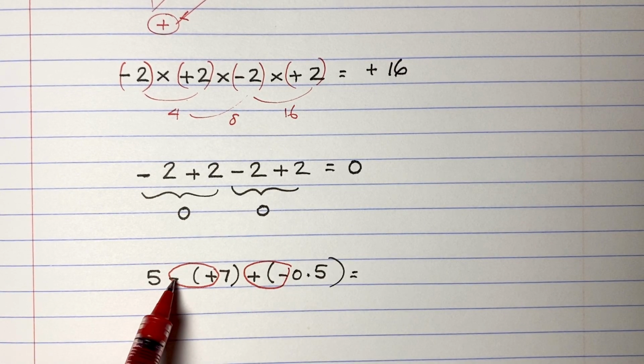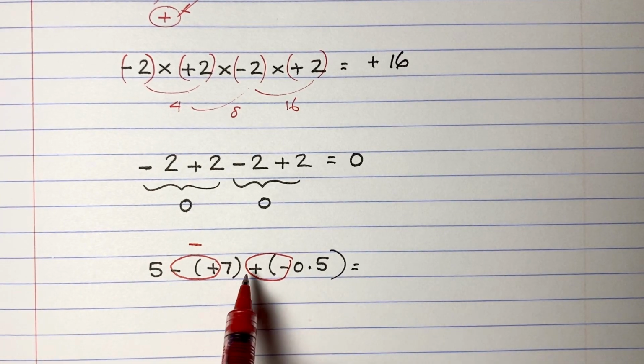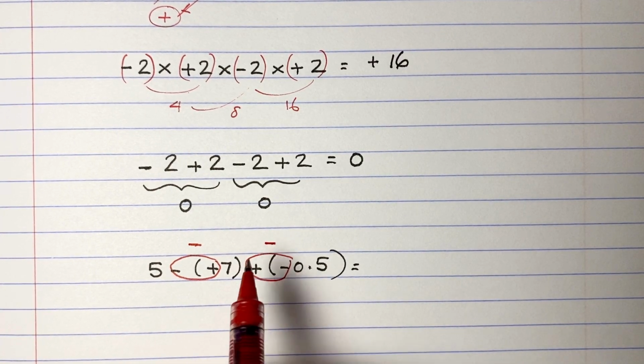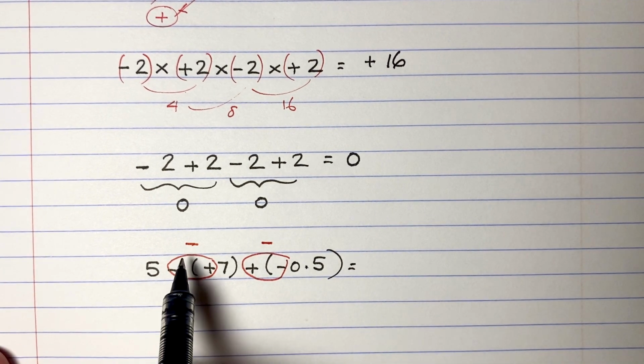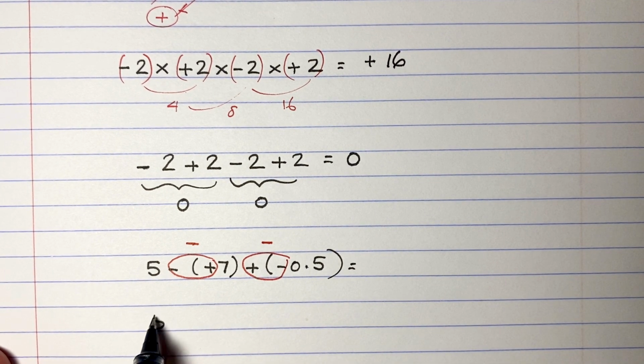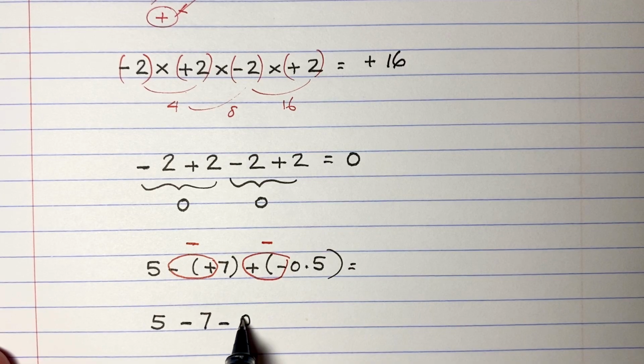Let's reduce them. Minus or negative times positive, negative. Positive times negative, negative. So I'm going to write this question again with a single sign. Positive 5, minus negative 7, negative 0.5.